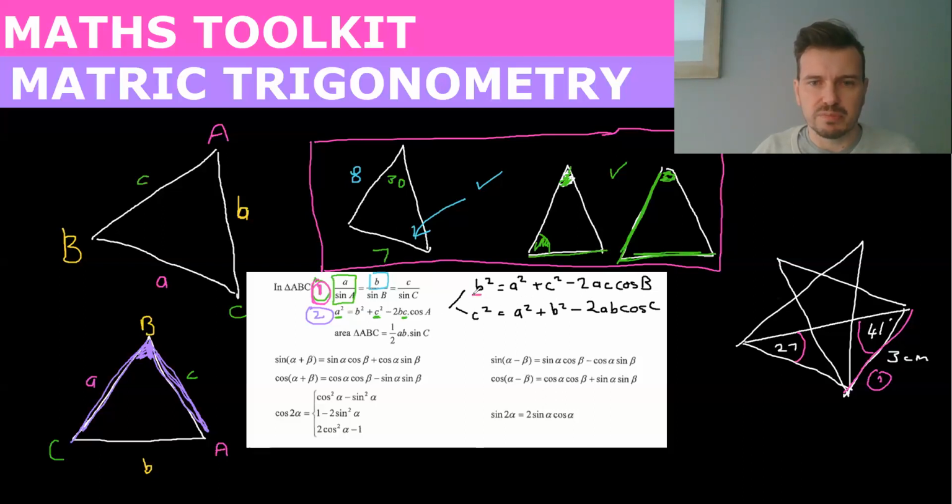So as long as this B corresponds with the angle cos B, and then the other two sides are in this part, and then C squared corresponds to cos C.